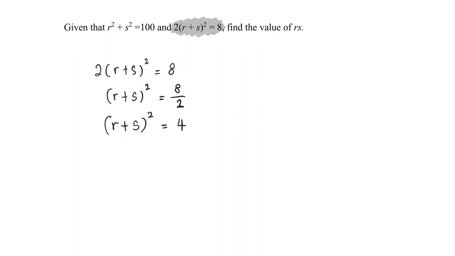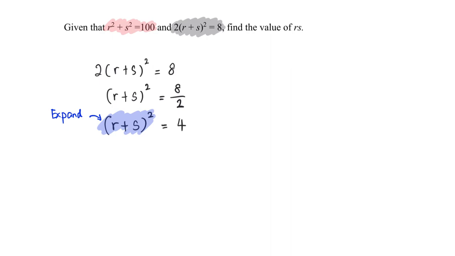And at this point, because I saw r plus s squared is actually equal to 100, it kept me thinking, how can I get r squared plus s squared? And in order to do that, this is what I will do. I am going to expand r plus s squared using this special formula.